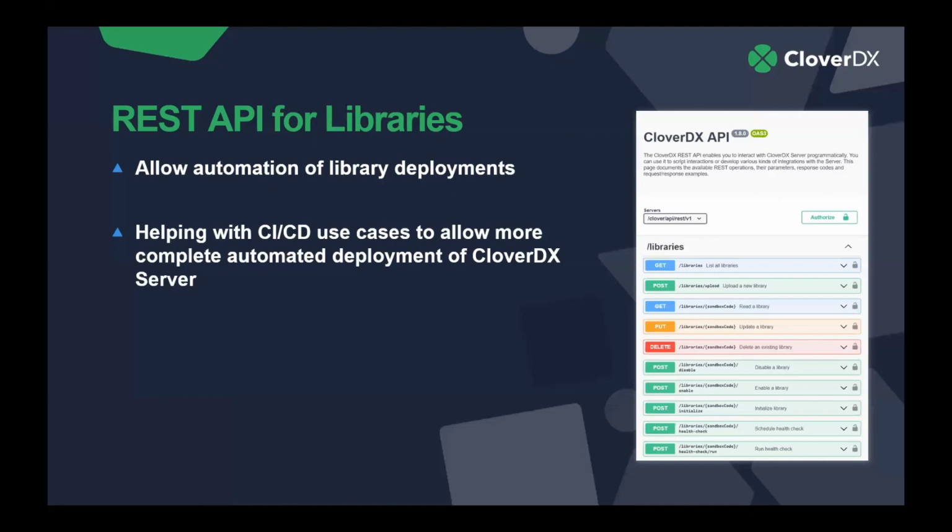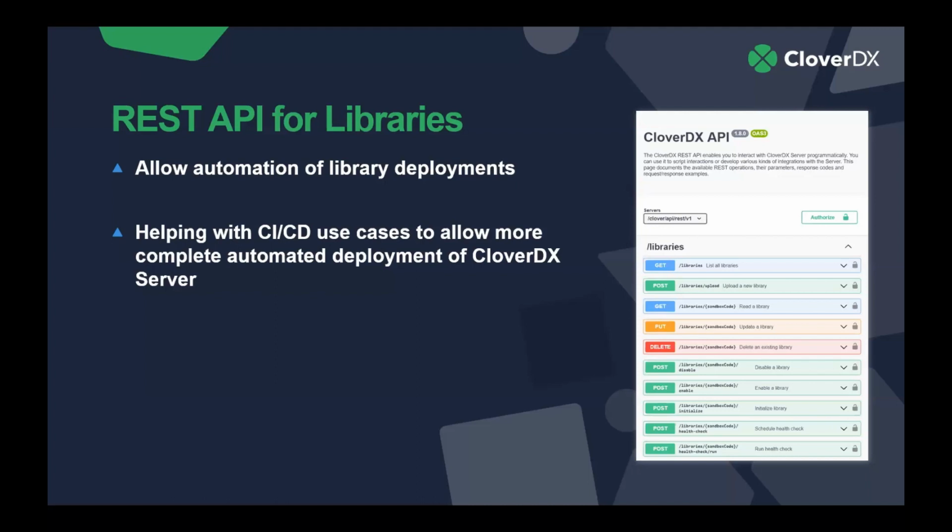Continuing the DevOps theme, we've added new API into our REST API. This time we added API endpoints for libraries. So you will be able to list, create, update, and change libraries within the server. This is something, again, that you can use, for example, during automated deployments.